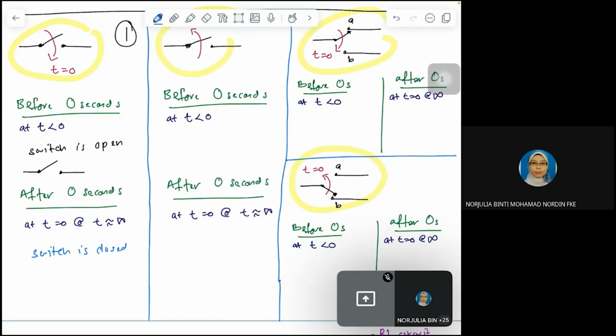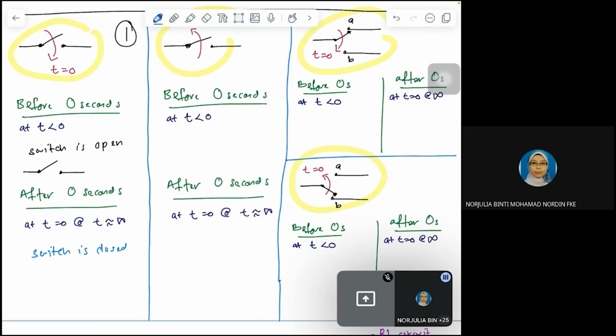If you fail to analyze where the switch is located, whether it's open or closed, then your whole analysis goes wrong. That's why analyzing whether the switch is open or closed, or located at B pole or A pole, is the most essential step before you can analyze your circuit further.